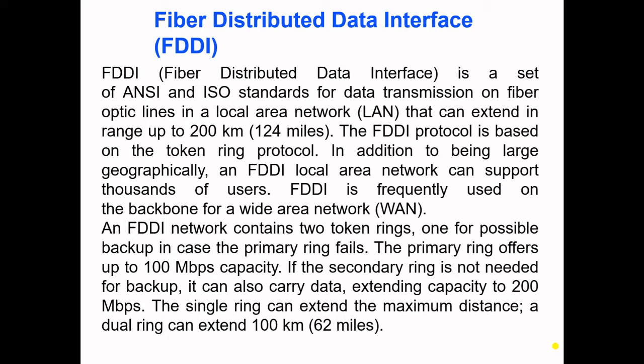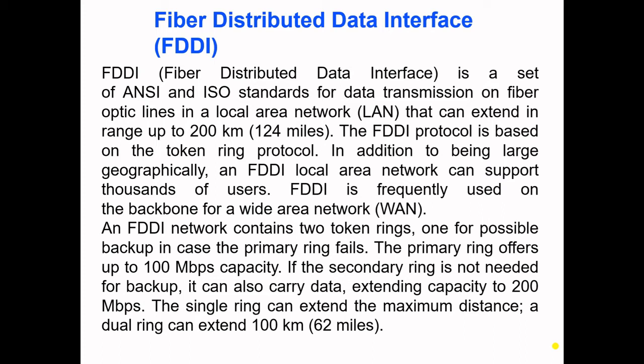An FDDI network contains two token rings, one for possible backup in case the primary ring fails. In the ring topology, previously we considered only one ring, but in FDDI there are two token rings. If one ring fails, the other backup ring is used for communication.